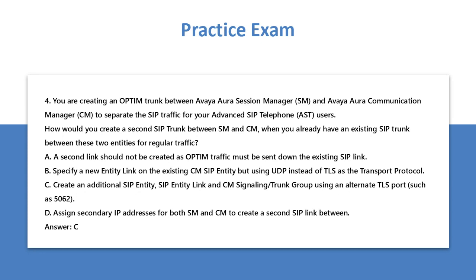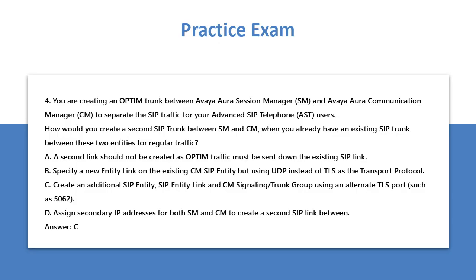A. A second link should not be created as Optum traffic must be sent down the existing SIP link. B. Specify a new entity link on the existing CM SIP entity but using UDP instead of TLS as the transport protocol.